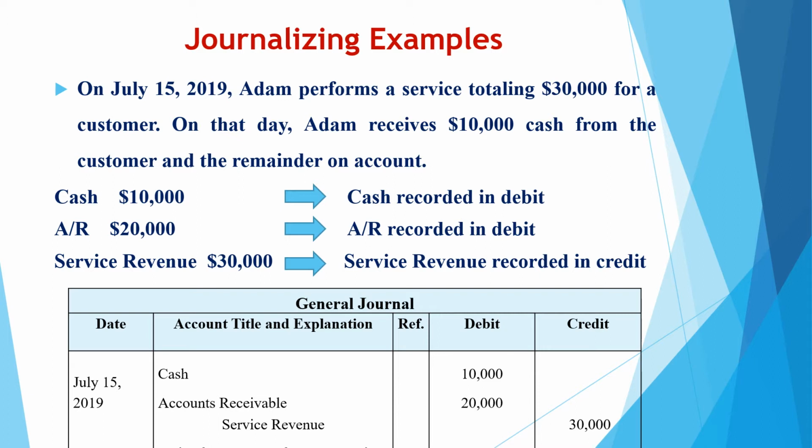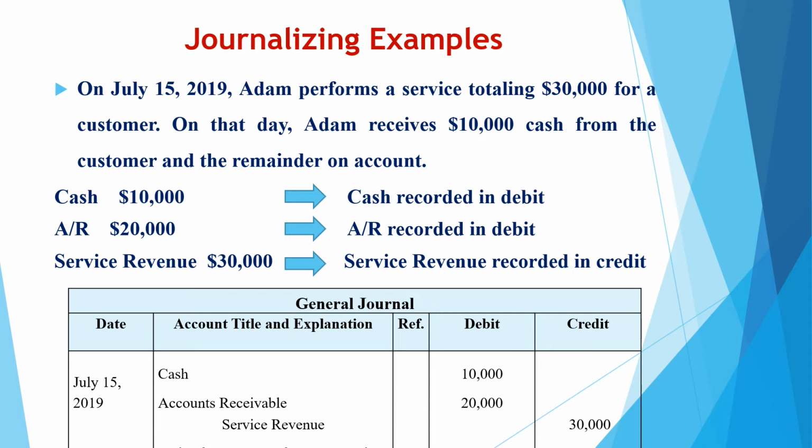The remainder is due from the customer, and so in this case we have customers on account, and we remember from the previous section that the account of a credit customer is the accounts receivable. So we have to use accounts receivable in this example.